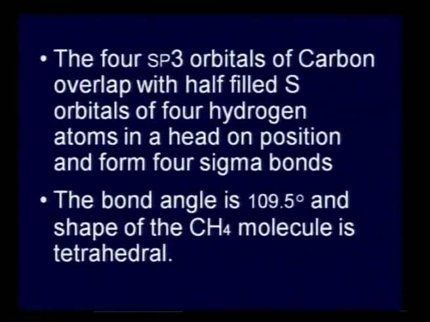The 4 sp3 hybrid orbitals of carbon overlap with half-filled s orbitals of 4 hydrogen atoms in head-on position and form 4 sigma bonds. And just now we have discussed the bond angle of sp3 hybridization. The bond angle is 109.5 degrees and the shape of the CH4 molecule is tetrahedral.